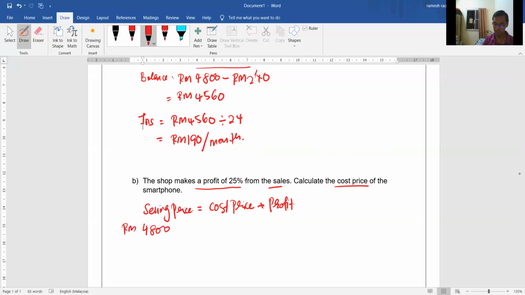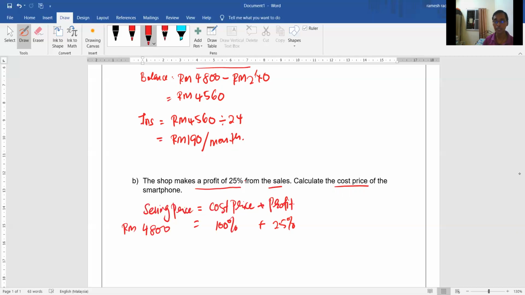The first thing you must understand here is that your profit is 25%. But how about the cost price? The cost price must be the original price, so it must be 100%.